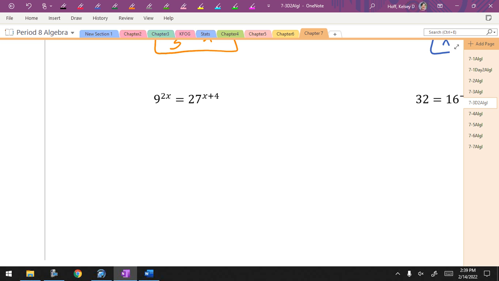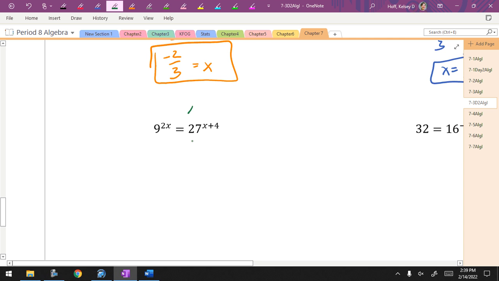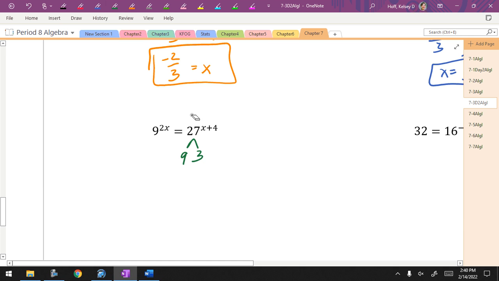What do you want your base to be? 9? Okay. 9 goes into 27 how many times? 3. Can I rewrite 27 as base 9? No. In this problem, we're going to have to rewrite both bases. What base are we actually going to have to pick? 3.